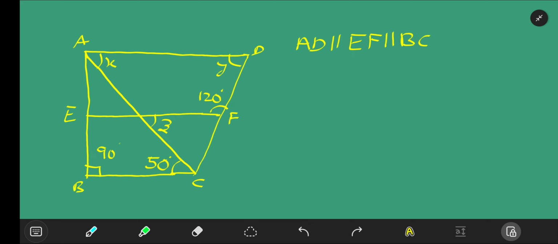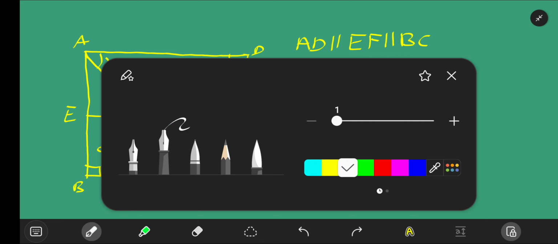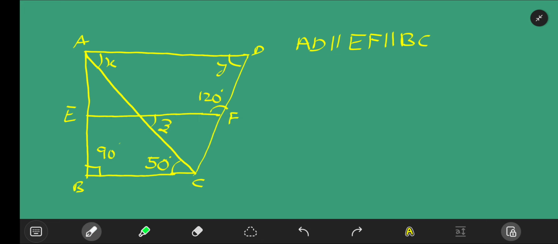Now if you see, this is in the form of Z, as this is two parallel lines and a transverse line is passing through these two parallel lines. So here it is forming Z shape. So this angle, this 50 degrees, is equal to this angle. What we call this? Alternate angles.